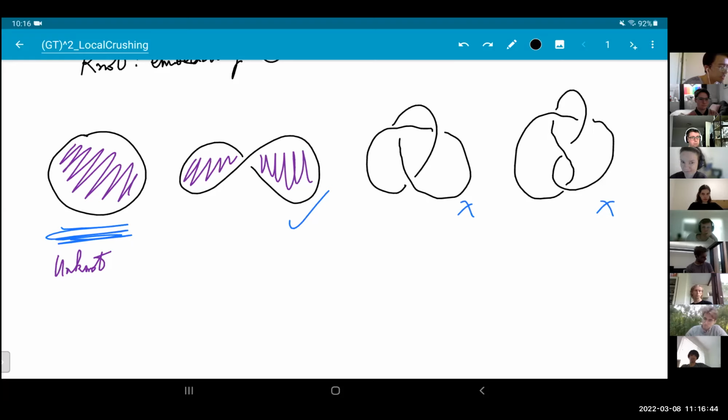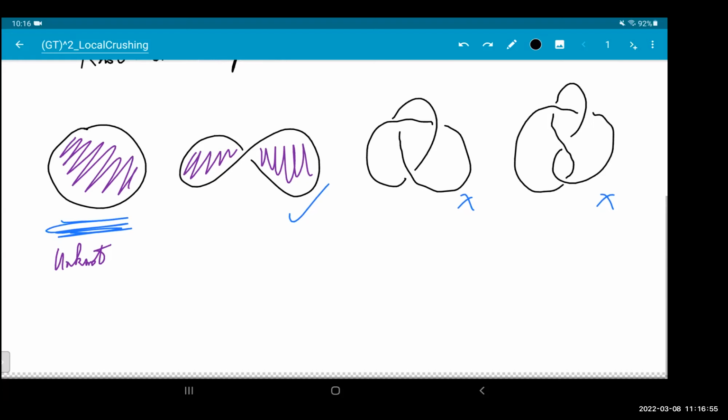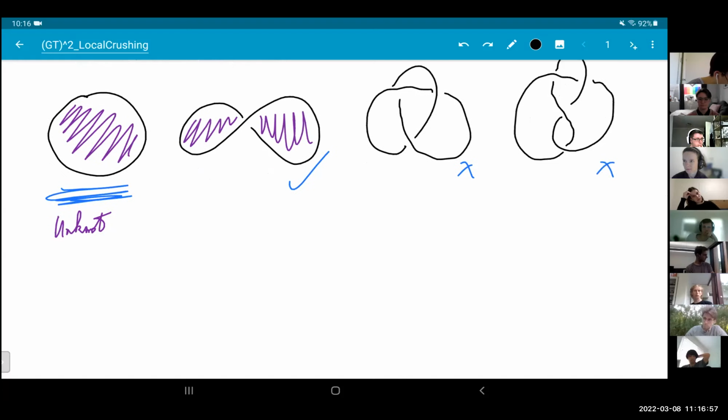Once we start looking for the disk, we don't care about the knot. We care about what's happening away from the knot, because the disk is sitting outside the knot. Remember our knot K is sitting inside S3, and what we care about is what's happening outside the knot.